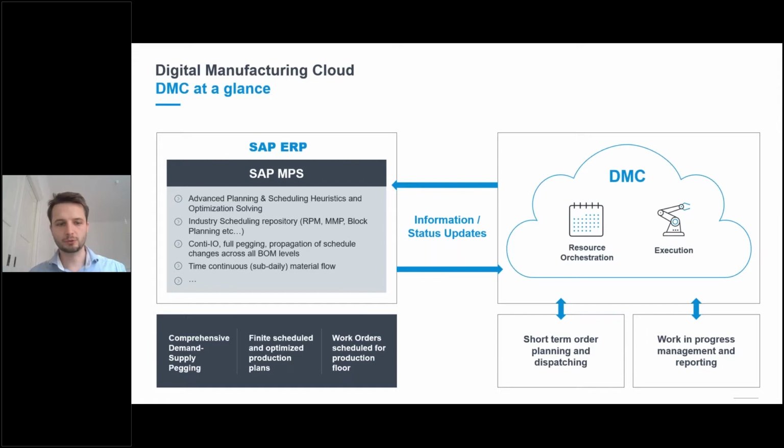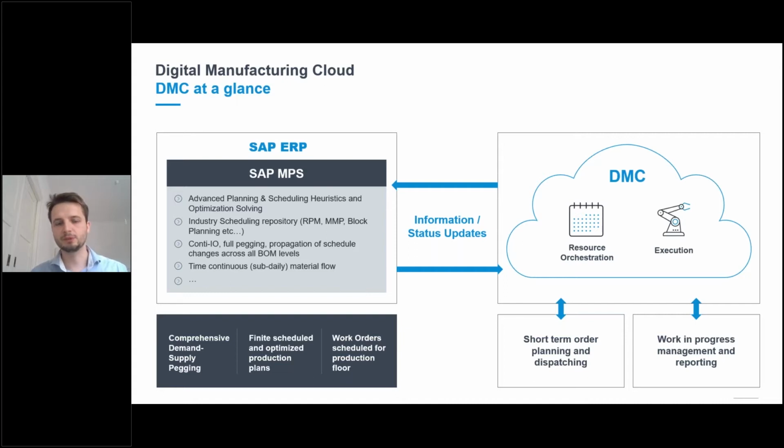So first, when we look at the MPS on the left-hand side as an integrated part of the ERP system, we can see that it includes all the different functionalities to support an accurate and detailed planning of orders. This is, of course, for the varying production environments across industry and general companies. You have different planning modules, different modes, and so on.